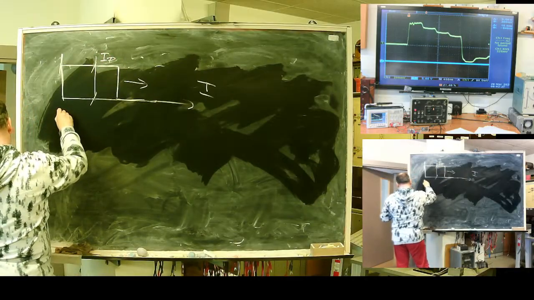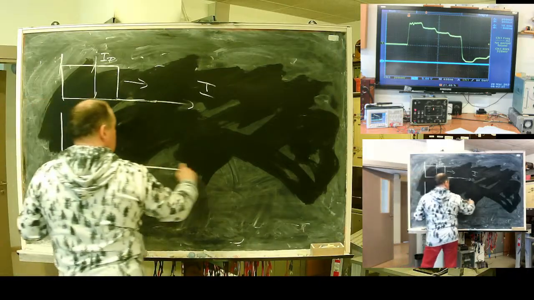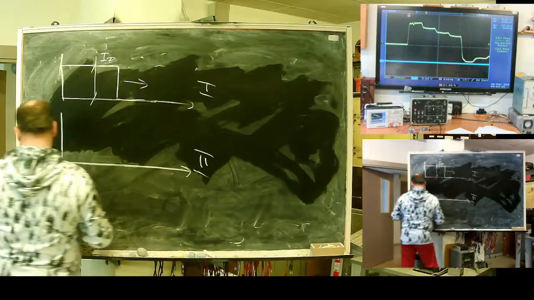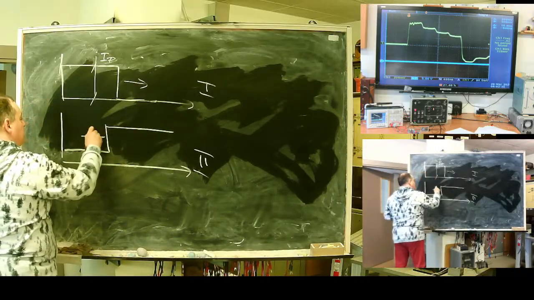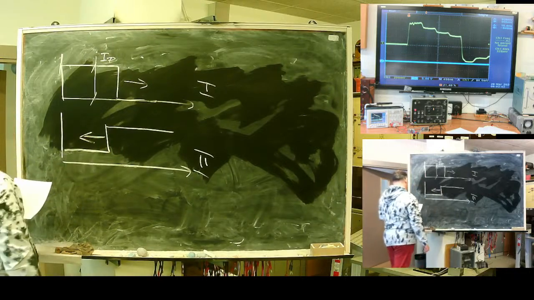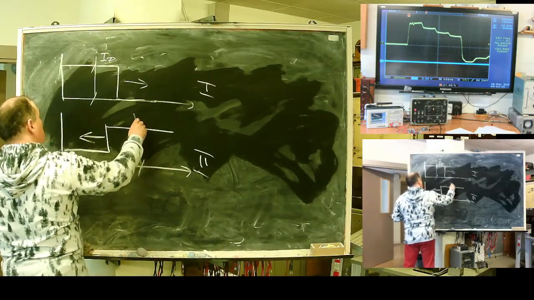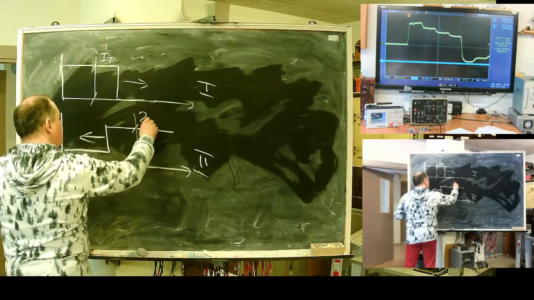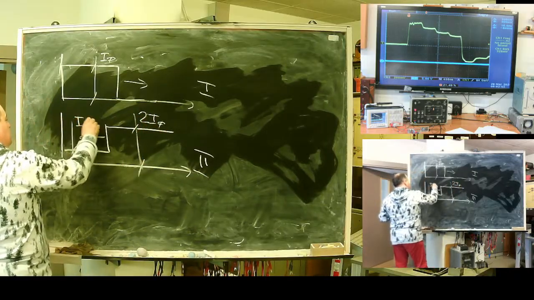For the second stage, we see a backward wave of decreasing current, double E0 to this is I0.